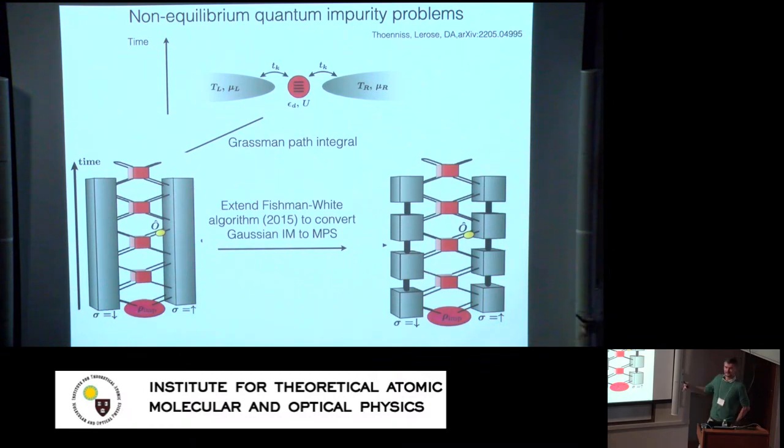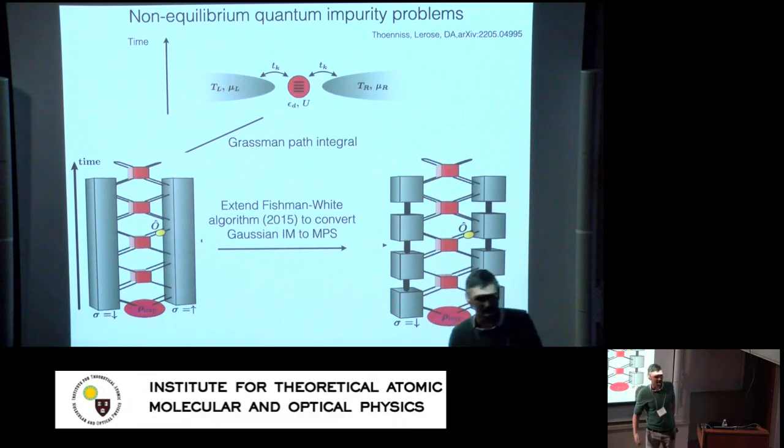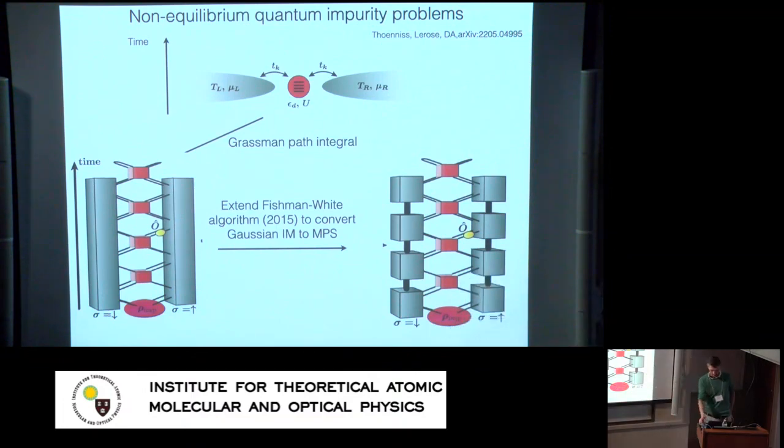And then there is an algorithm. We can adapt the Fishman-White algorithm, made for spatial Gaussian fermionic wave functions, to this situation, and then represent each influence functional as a matrix product state. Once that is done, this is efficient, and we can compute impurity observables.